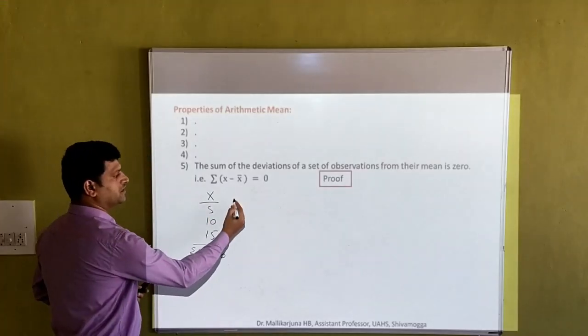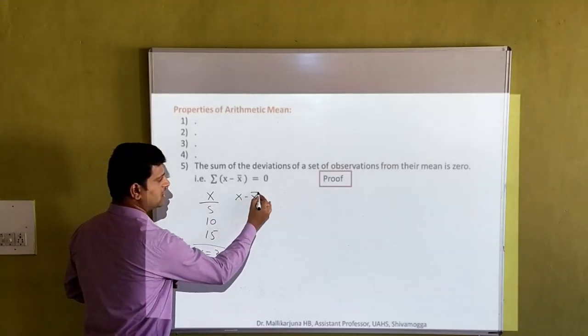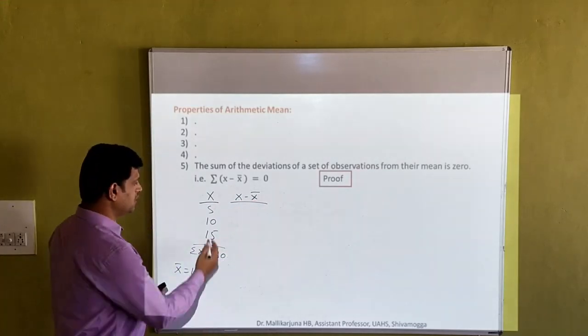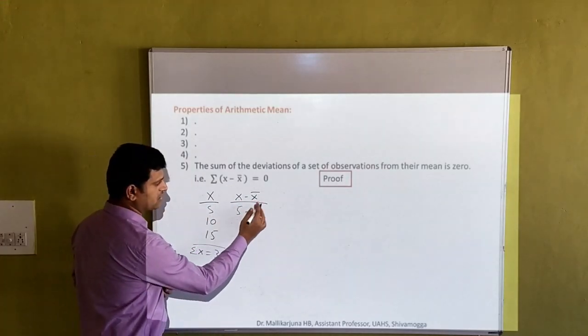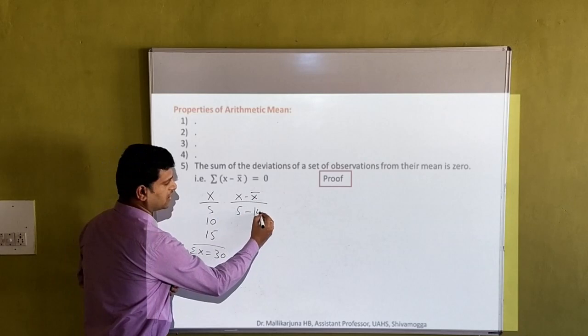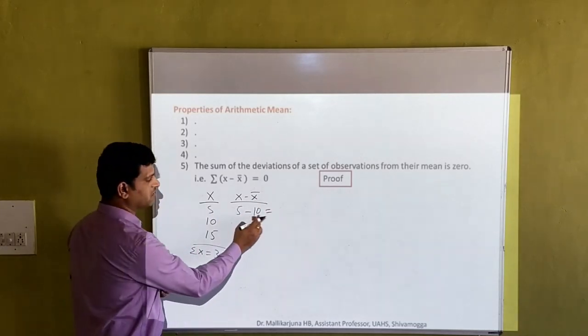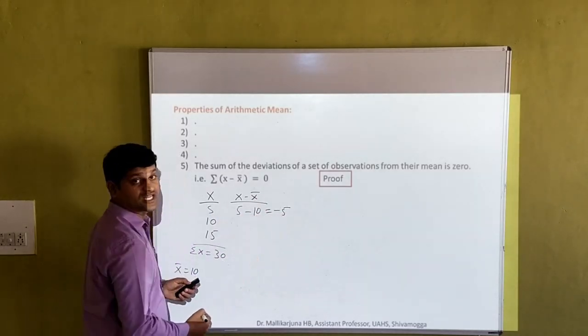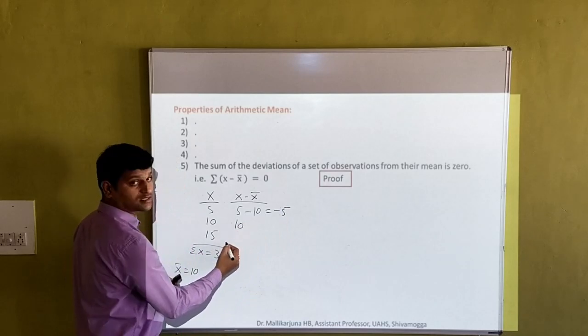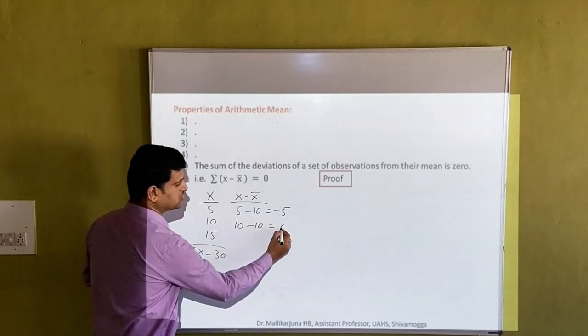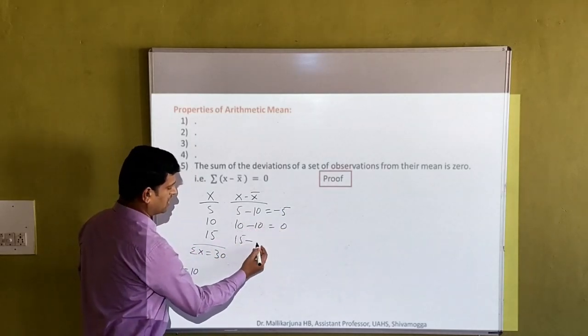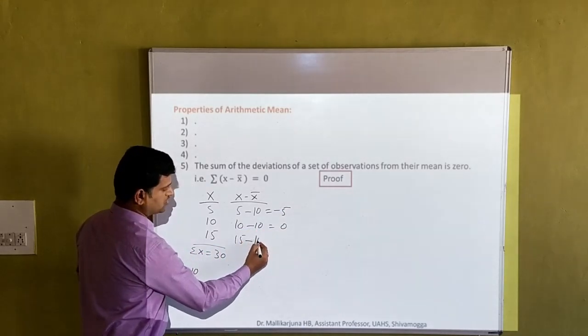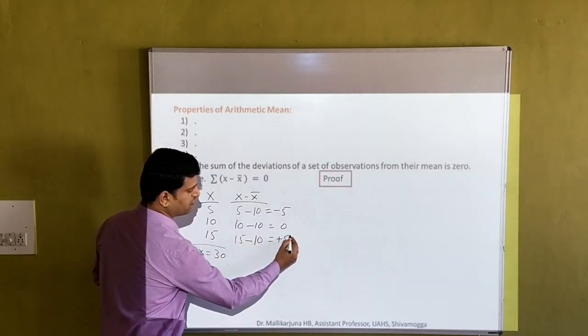Now take the deviations, x minus x bar. X is 5, so 5 minus x bar, which is 10, is equal to minus 5. X is 10, x bar is 10, so 0. 15 minus 10 is equal to plus 5.